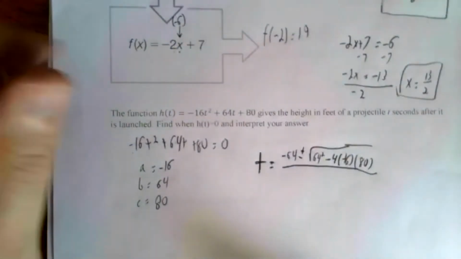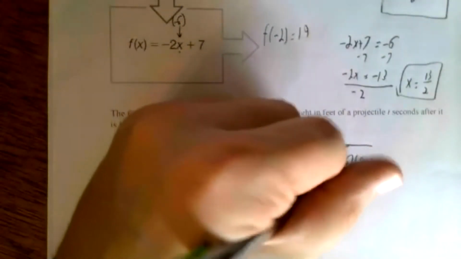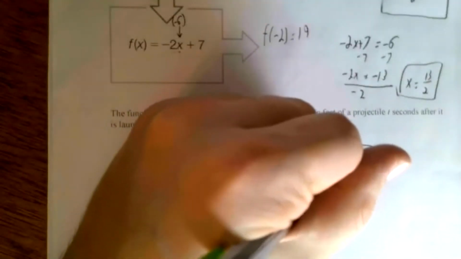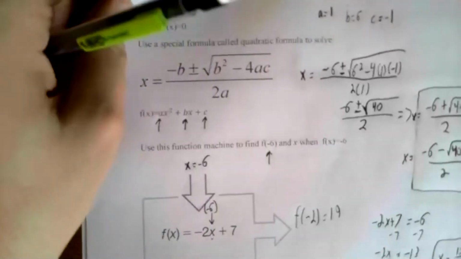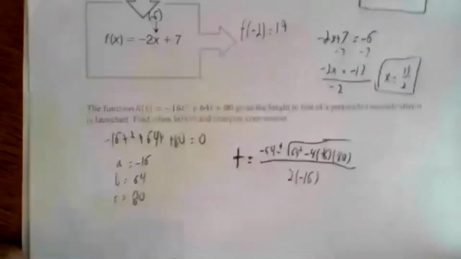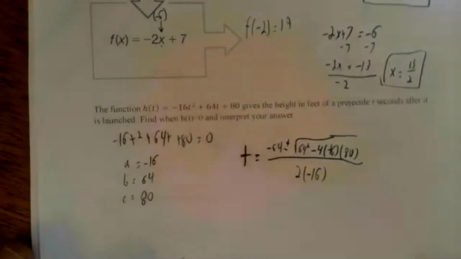And then it's all divided by 2a. So 2 and a is negative 16, right? So all I'm doing is just substituting those three values into the quadratic formula. Okay. And now the question is, what can I do now?